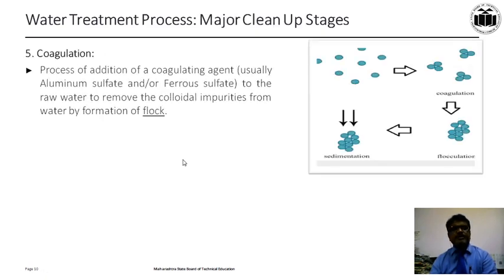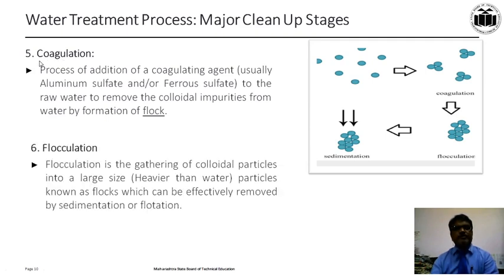The next process is coagulation. There are very fine particles present in water. Those fine particles are called colloidal particles that cannot settle at the bottom under gravitational force. So how do we remove these particles? These particles are removed by the process of coagulation.